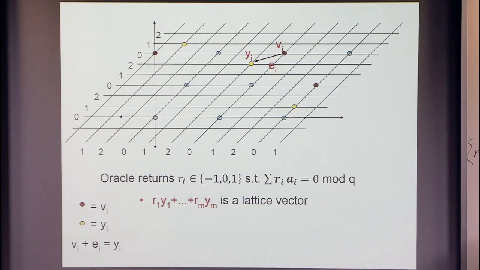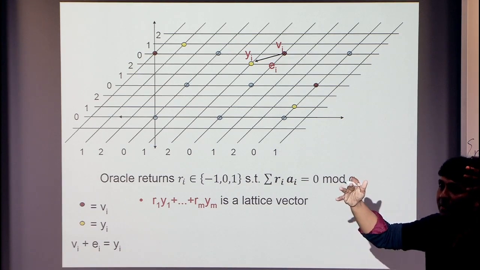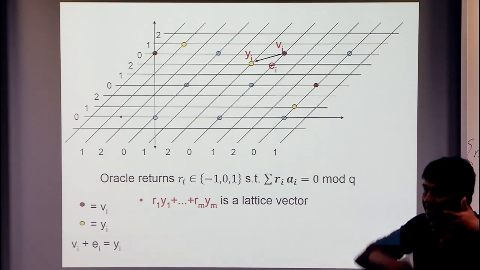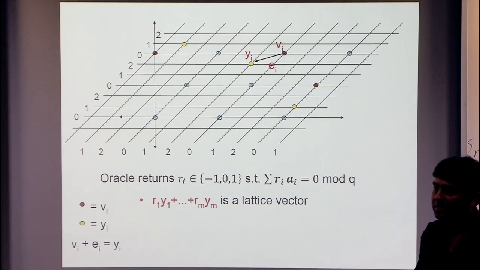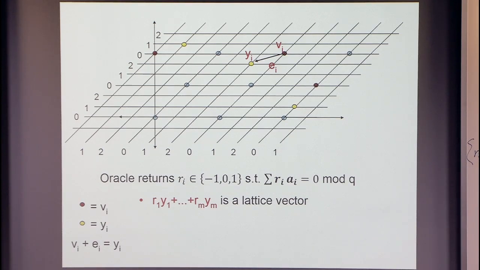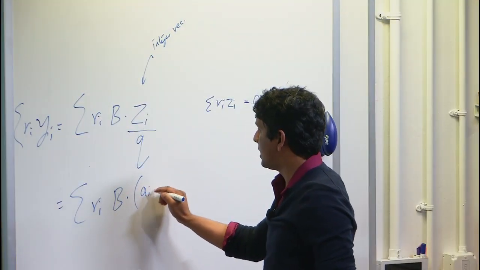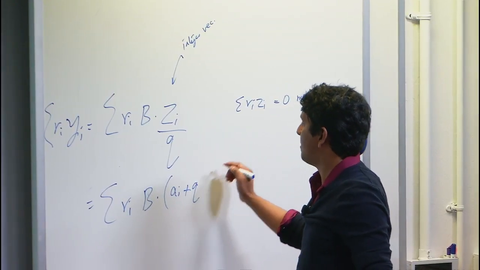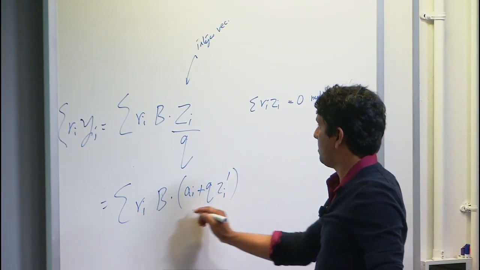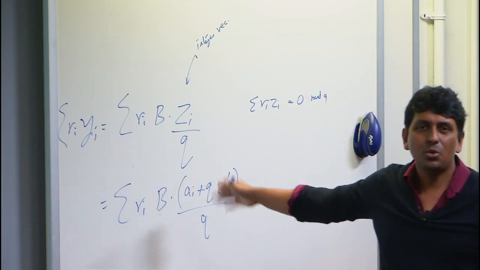And how did I construct my Ai? That was essentially Zi mod Q. Zi is an integer vector. Take this mod Q, and that was my Ai, essentially. Right, so let me just be more precise. So this is the sum of Ri times B times Zi, which is Ai plus Q times some integer vector Zi prime over Q. Q kind of cancels off.